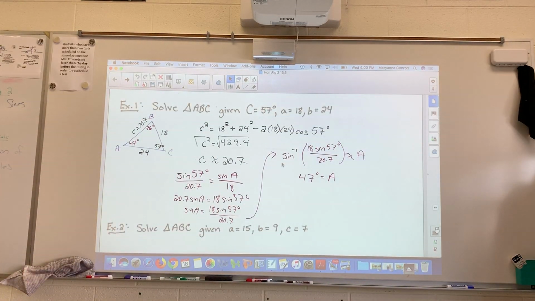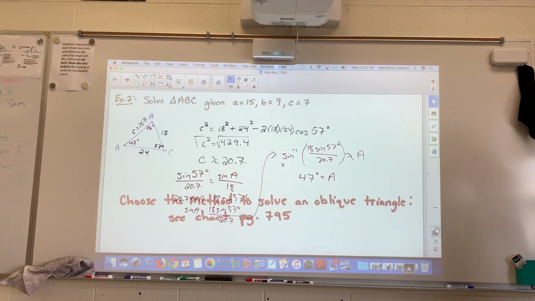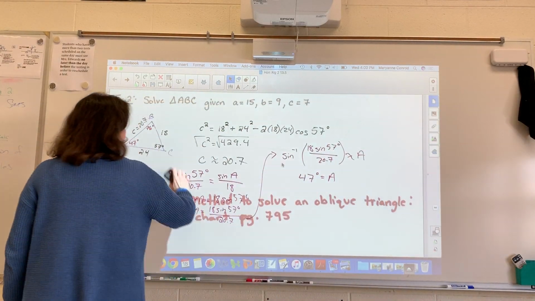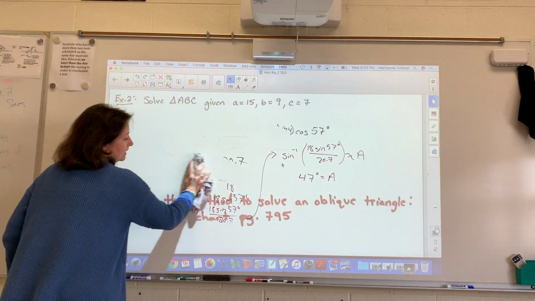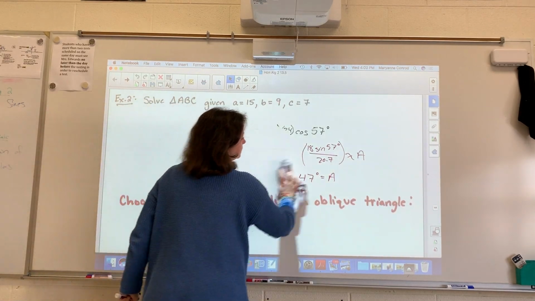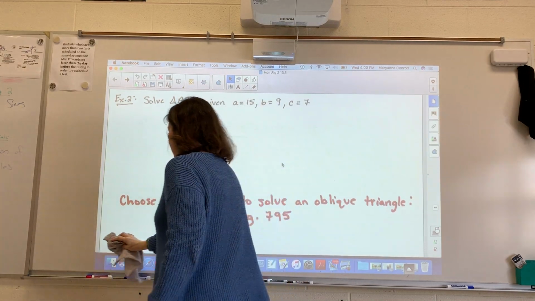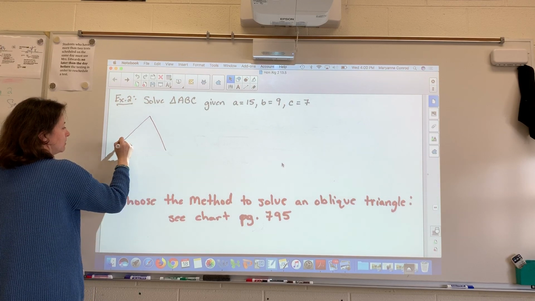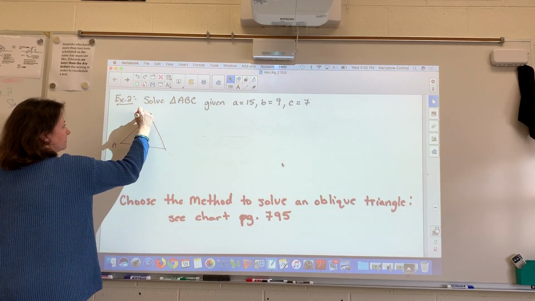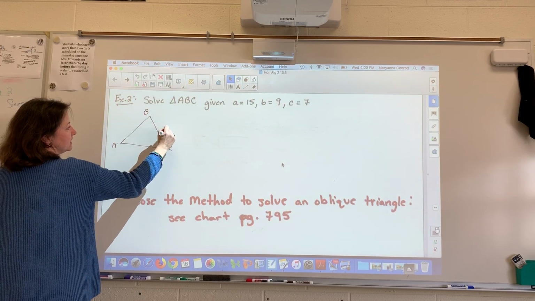The next example, triangle ABC, gives us the 3 sides. So this time, instead of knowing an angle and 2 sides, we know 3 sides. So let me draw my triangle. So triangle ABC. I know little a is 15.